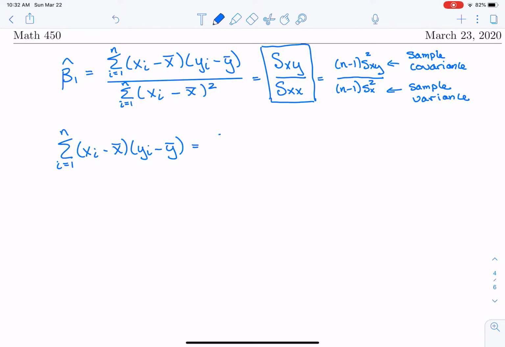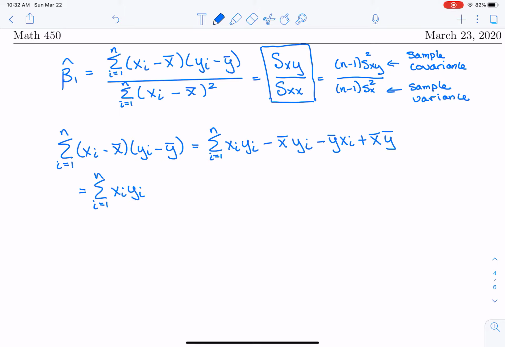So I'm going to multiply everything out. So that's i equals 1 to n of x sub i, y sub i, minus x bar, y sub i, minus y bar, x sub i, plus x bar, y bar. So I'm not going to do anything with that first term because it actually looks like what I want it to look like.